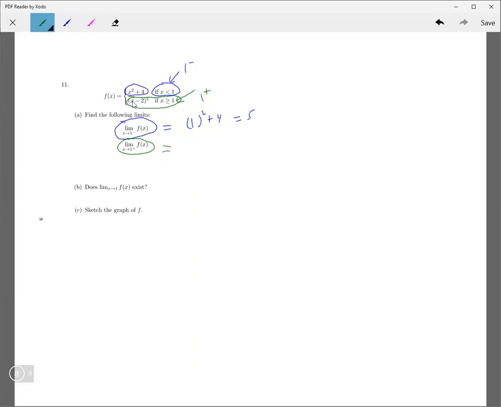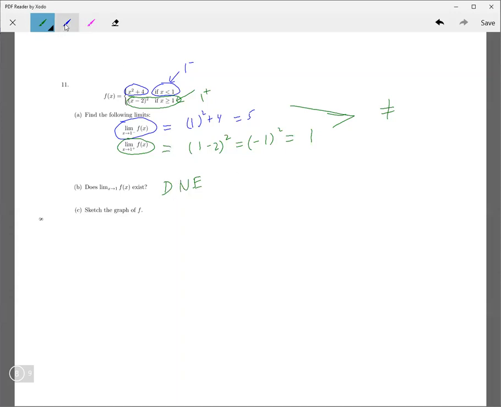So you just plug a 1 into here, and that's going to give you negative 1 squared, which is 1. Because those are not equal, this limit does not exist. It's 5 from the left and 1 from the right, so it does not exist.